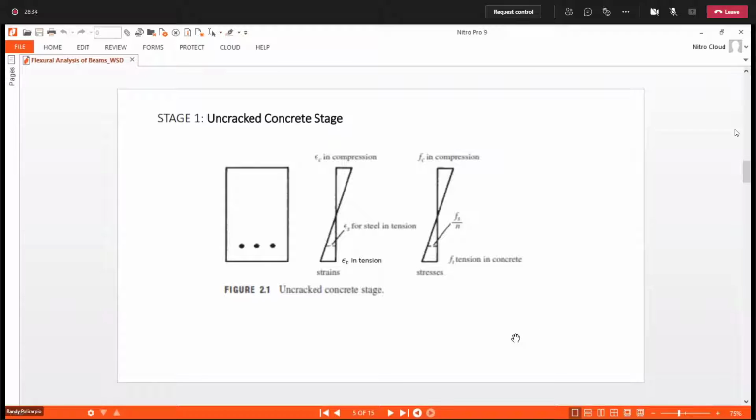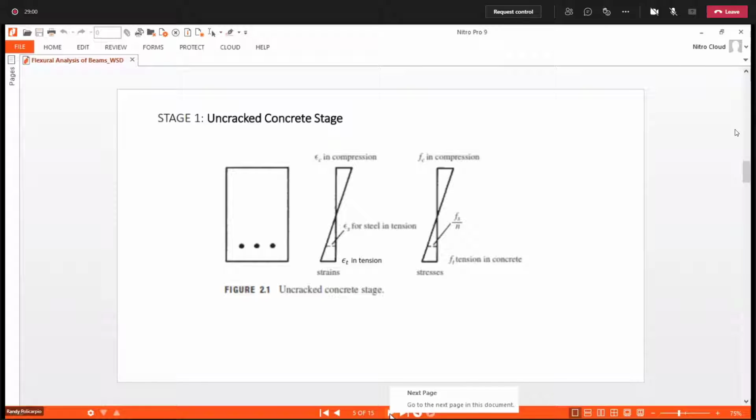Okay, so that is the tension stress in concrete. So making use of this, we are able to determine the relationship between the stresses in our materials. So that is for the uncracked concrete stage.